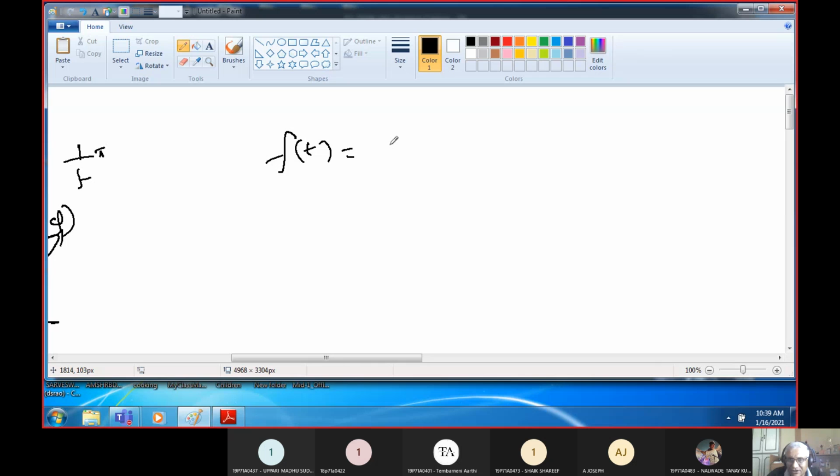Let us say I have a function called c1 sine(2 pi t by T1), which means the time period of this signal is T1, plus c2 sine(2 pi t by T2).